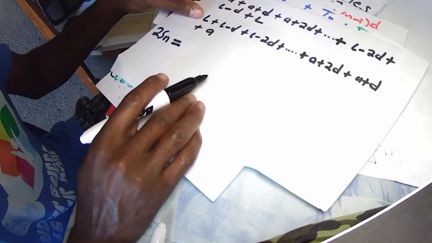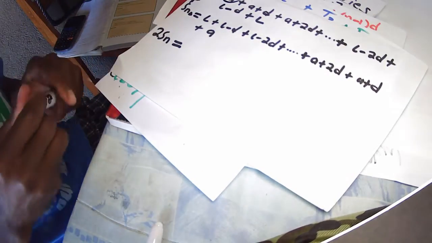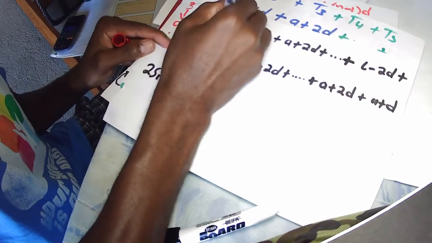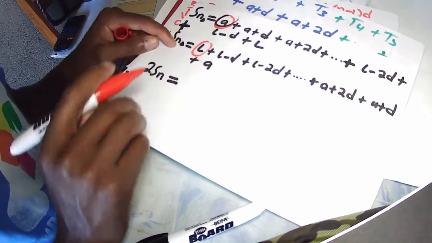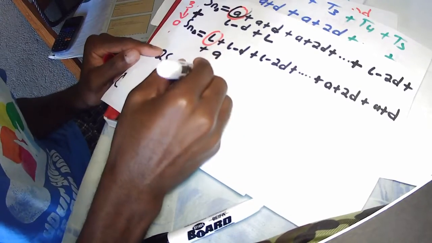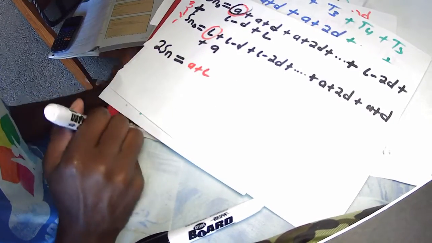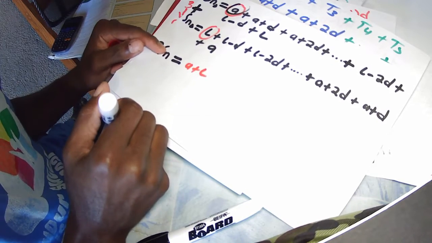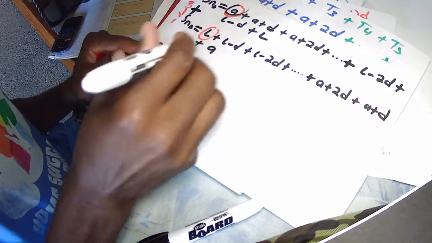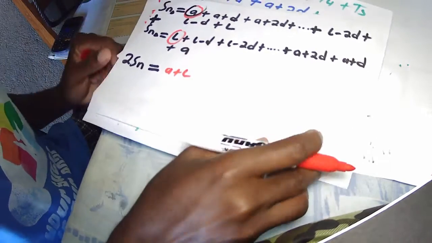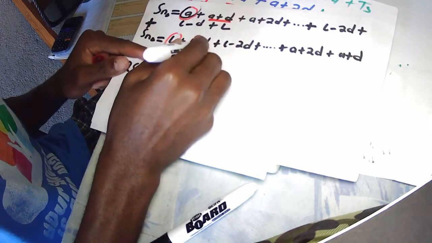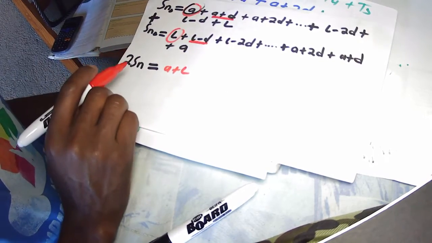So you add a plus l. So we're going to receive a plus l. Then we go to the second one, which is a plus d and l minus d.